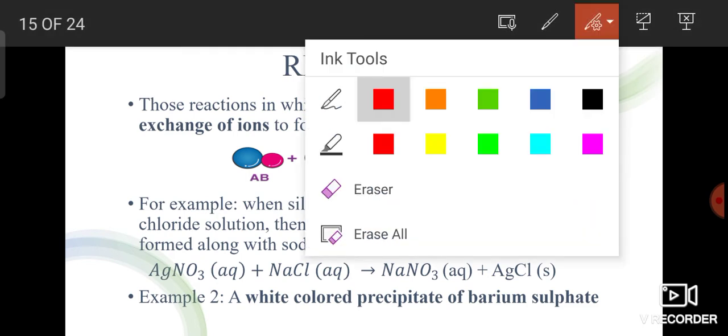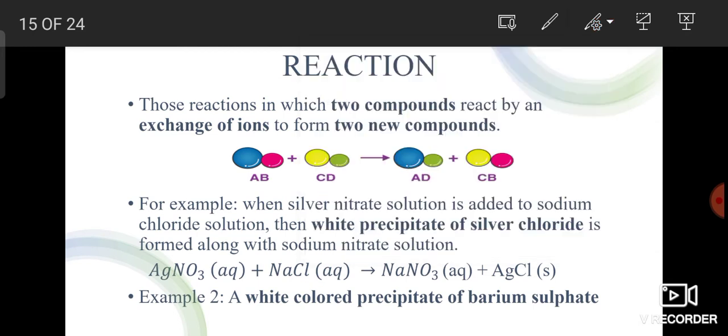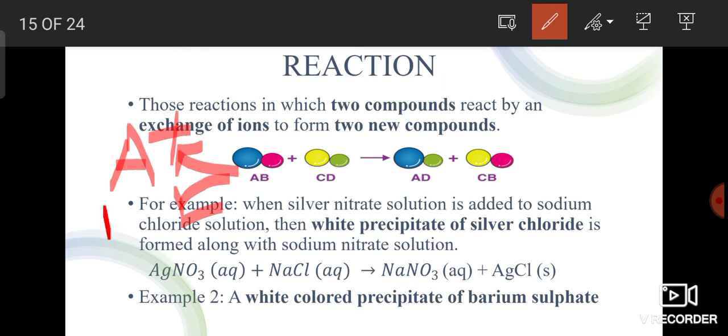So what happens is, AB when dissolved in water is going to dissociate into two parts. The first one is a cation, so A is a cation and B is an anion. In a very similar manner, if CD is dissolved in water, it will also dissociate into two components, C and D. So C again is a cation and D again is an anion.